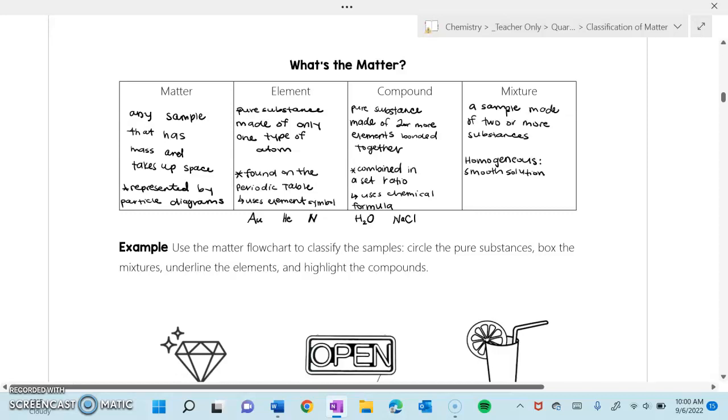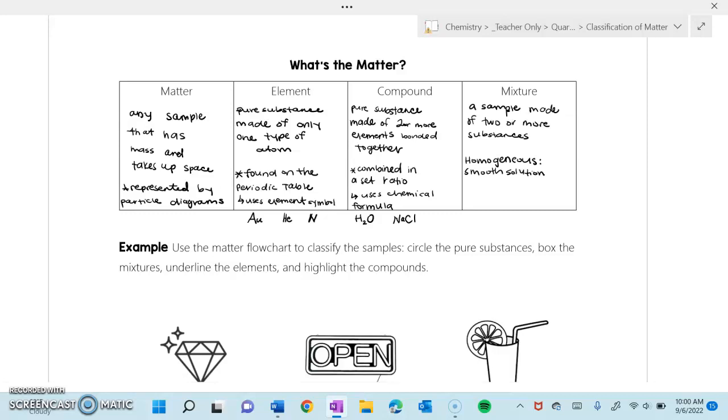Okay, it has multiple ingredients, so that means it's a mixture. But you can't really see them at face value. You would have to maybe evaporate the water or something like that to really separate it out. So a homogeneous is a smooth solution. It's uniform or same throughout with its texture and state of matter.